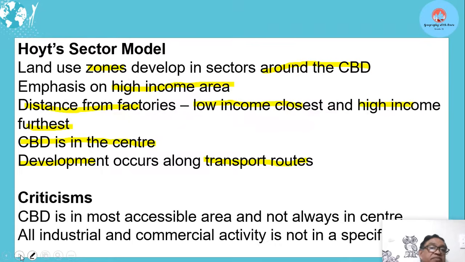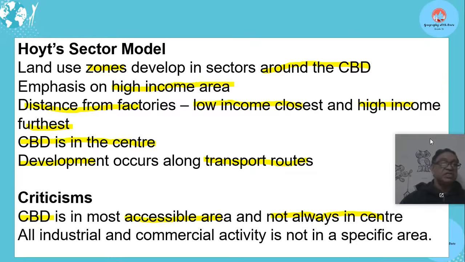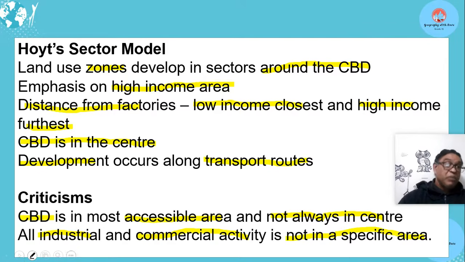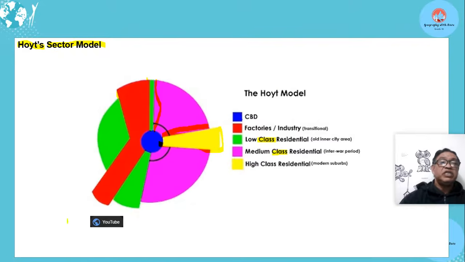Now let's look at criticisms. The CBD is in the most accessible area, not always in the center, same as Burgess's concentric zone model. Another thing they mentioned, all industrial and commercial activities are not in a specific area. Now, let's get back to looking at this. With this one, yes, he spoke about development along transport routes, if you can see that.